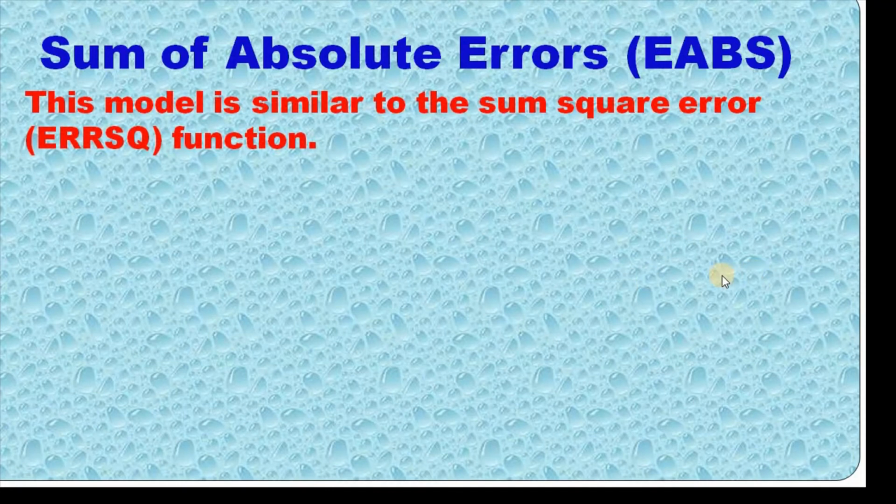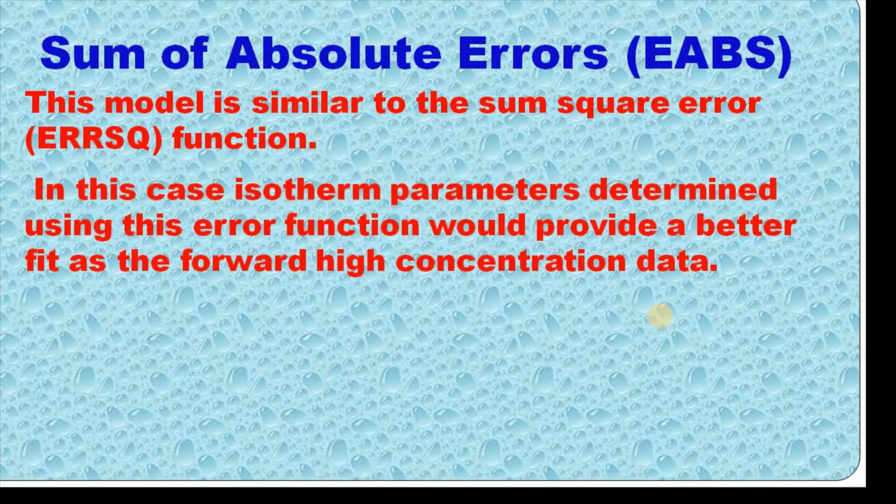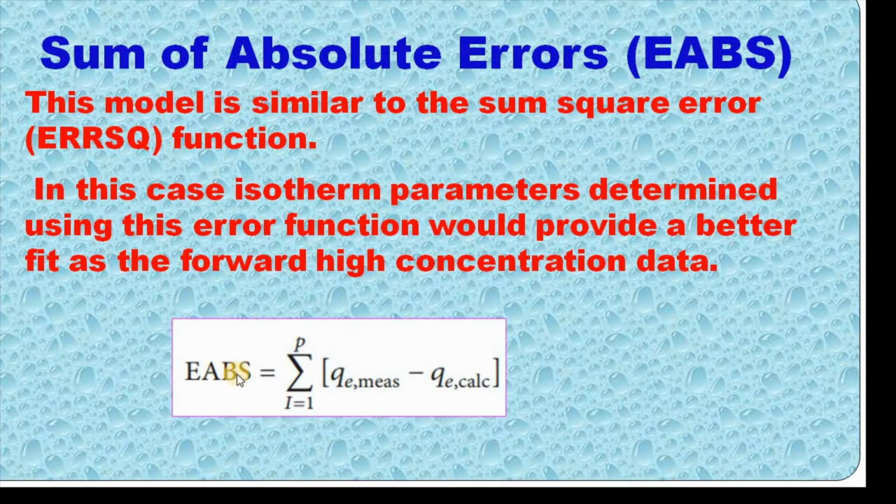This model is similar to the sum square error function, and in this case, isotherm parameters determined using this error function would provide a better fit as for high concentration data, and the equation is written as this.